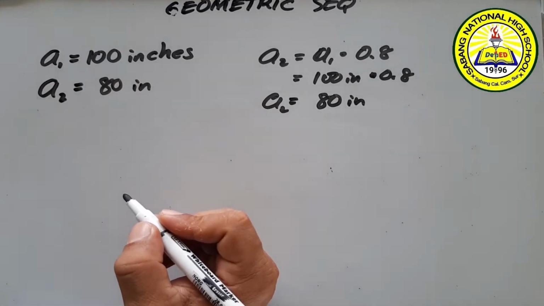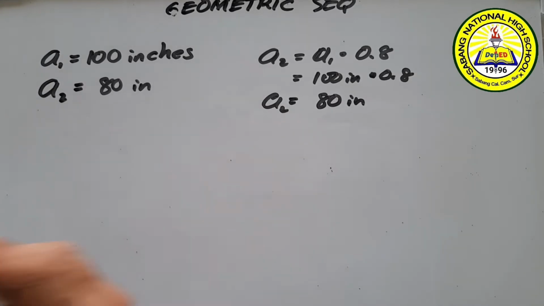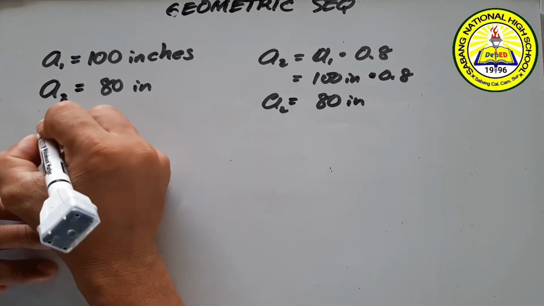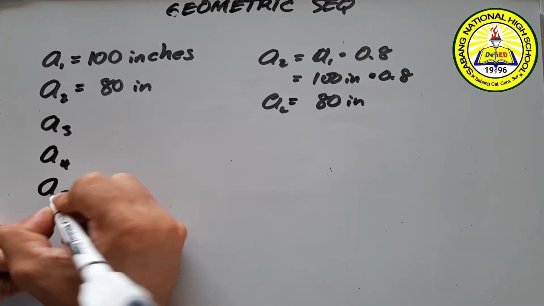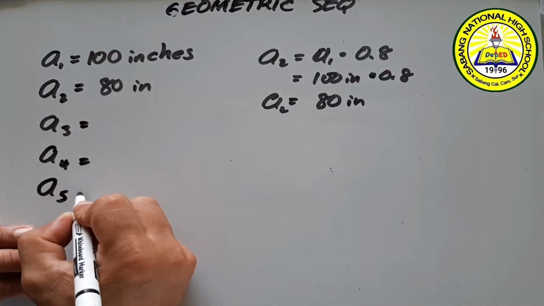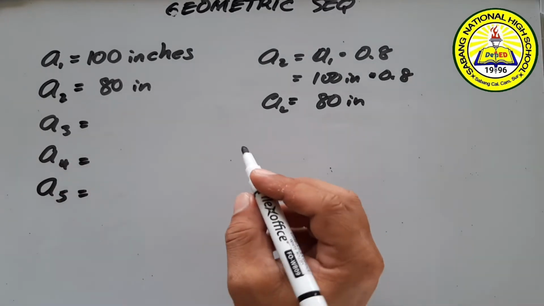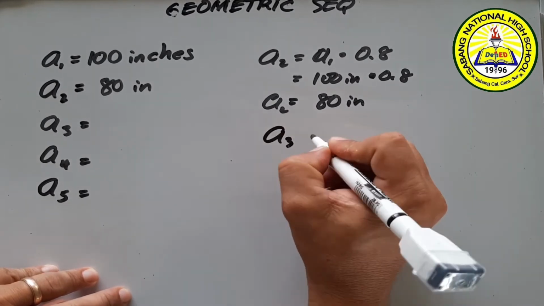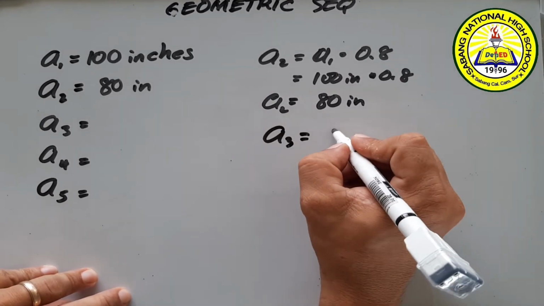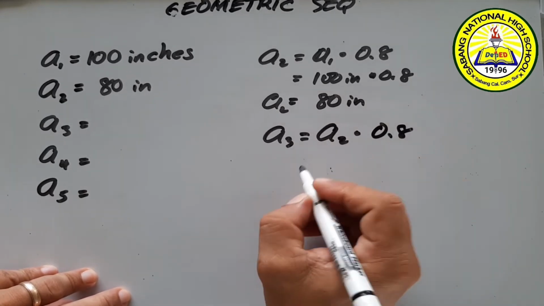What is being asked on this problem in example number 3 on page 5 of your module? What will be the first 5 terms? So we are going to need A sub 3, A sub 4, and the fifth bouncing back of the ball. So, to find the next bouncing back, the height of the next bounce, A sub 3, we then have A sub 2 times 0.8 again.